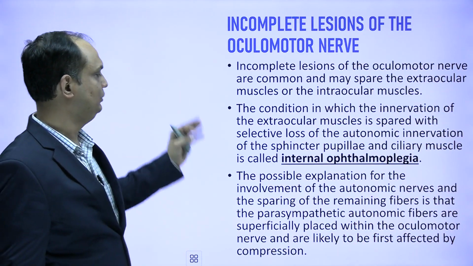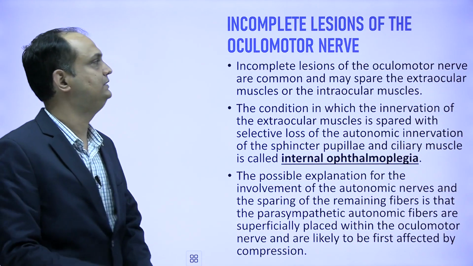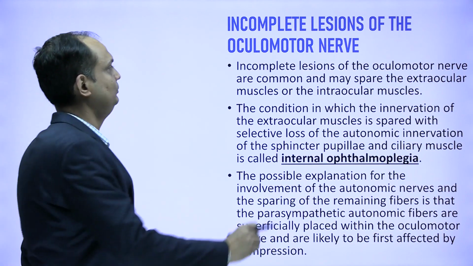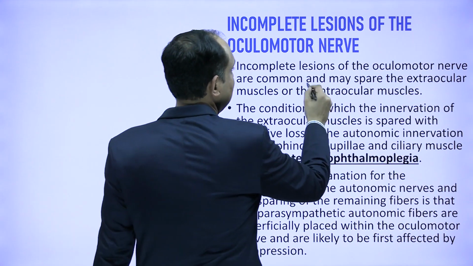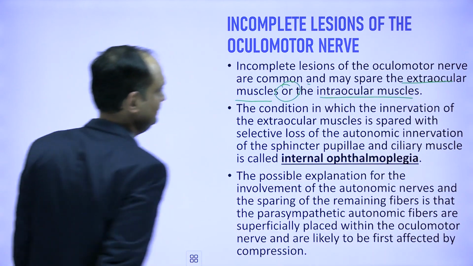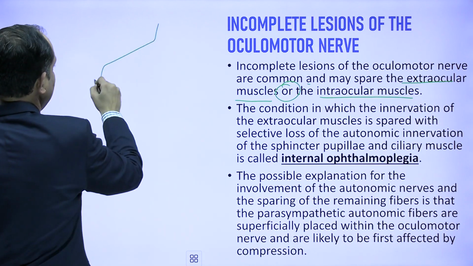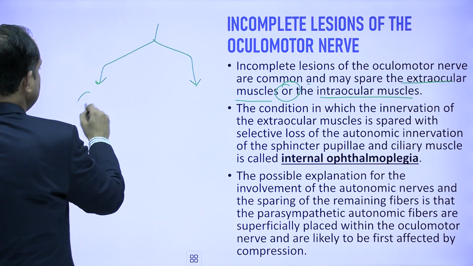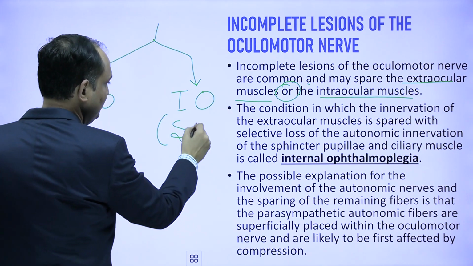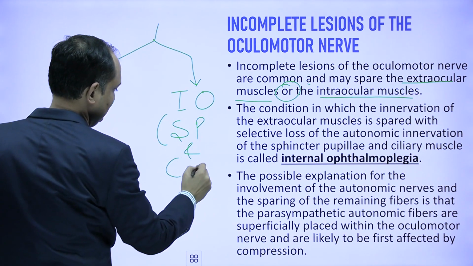Now, there is one more applied aspect, known as incomplete lesion of the oculomotor nerve. Incomplete lesions of the oculomotor nerve are common, and there may be sparing of extraocular or intraocular muscle. What does it mean? There are two sets of muscle, extraocular and intraocular. Intraocular means the sphincter pupillae and ciliary muscle.